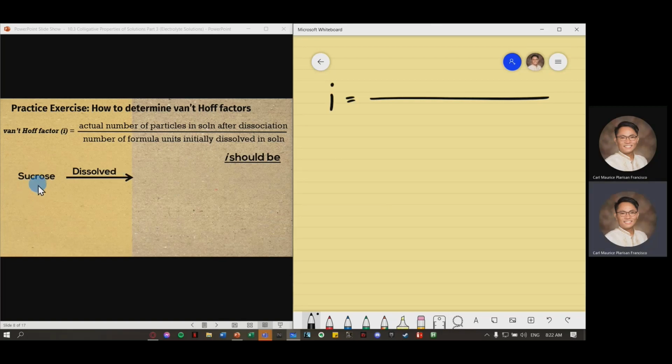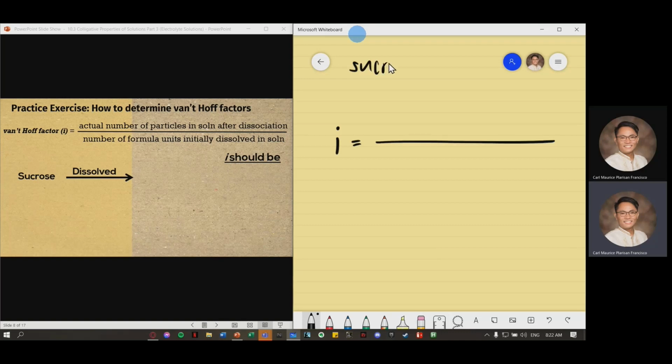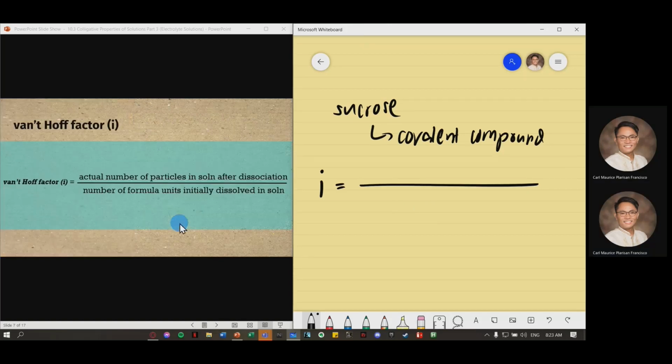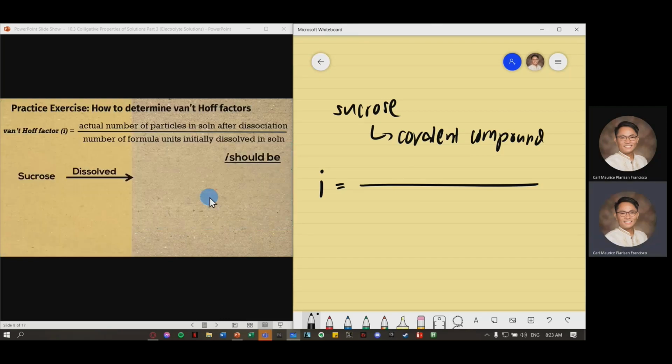Now kapag ang sucrose ay dinissolve at gagawing solution, ano kaya magiging Van't Hoff factor? Now, tandaan natin. We have here sucrose. Sucrose is actually a covalent compound. Covalent compound ang sucrose. At tandaan natin, kapag non-electrolyte, covalent compound. At dahil covalent compound ang sucrose, ito ay tinatawag nating non-electrolyte.